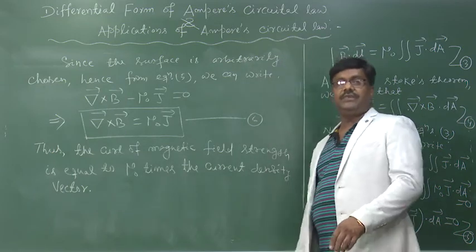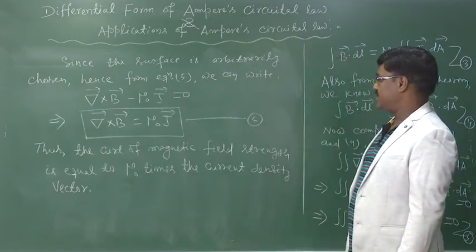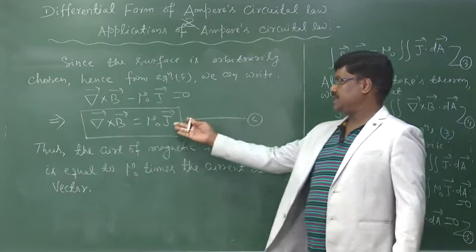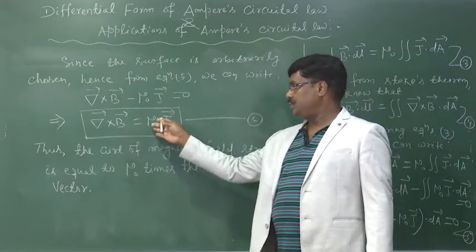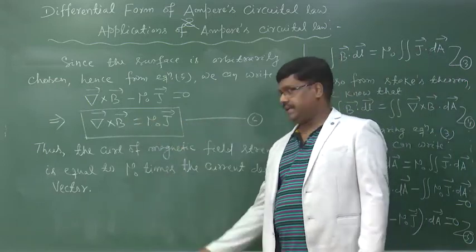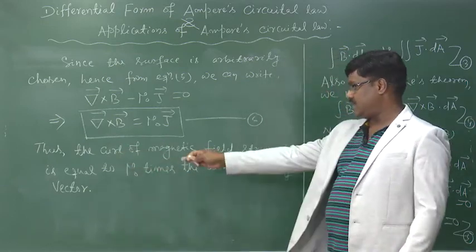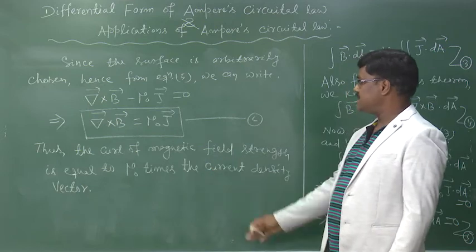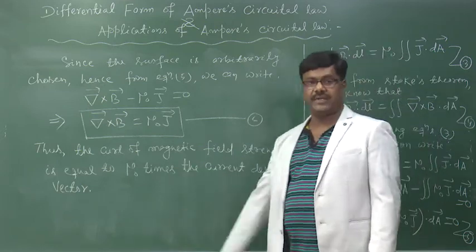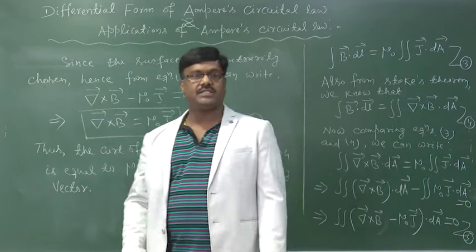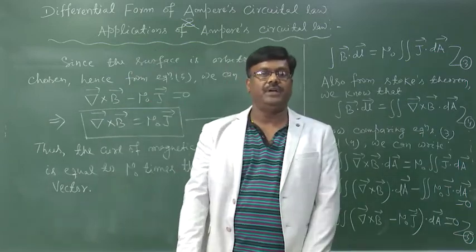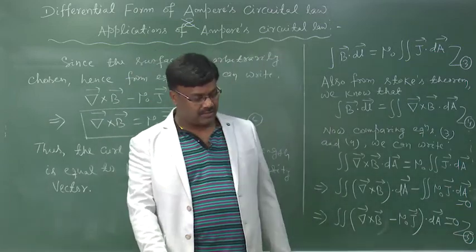So, the differential form of Ampere's circuital law can be expressed as grad cross B equal to mu 0 J, or in words, the curl of the magnetic field strength is equal to mu 0 times the total current density vector. So, it is about the differential form of Ampere's circuital law.